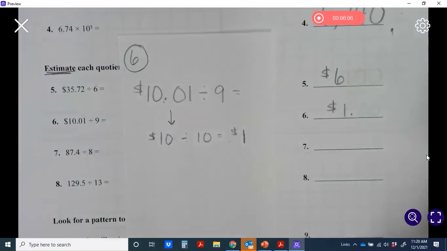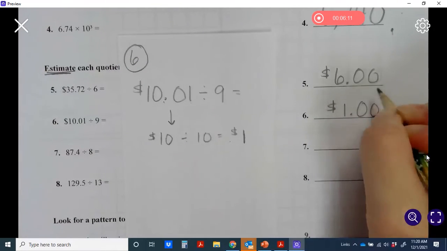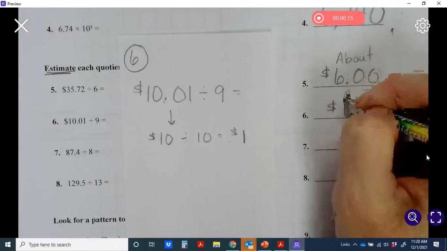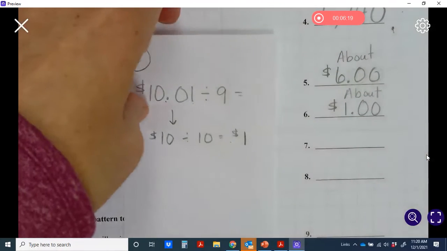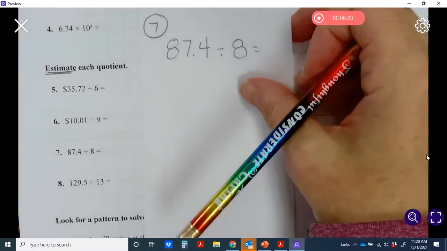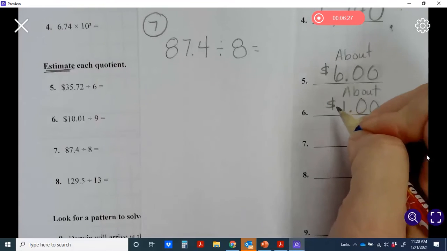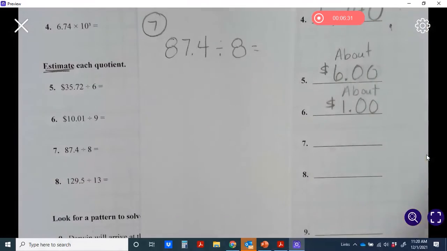I mean, I guess you'd have to if it's actually money, never mind. But just consider that's an estimate. We could say about. You don't want to write that down, okay? All right, next, 7. Oh, that's because it's money. You'd have to actually have decimal points for money. If it wasn't money, if it was just a number, then you wouldn't include the decimal places.